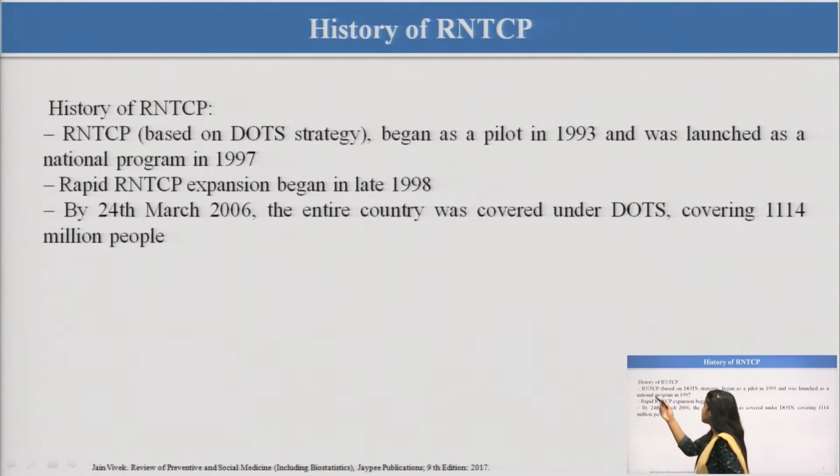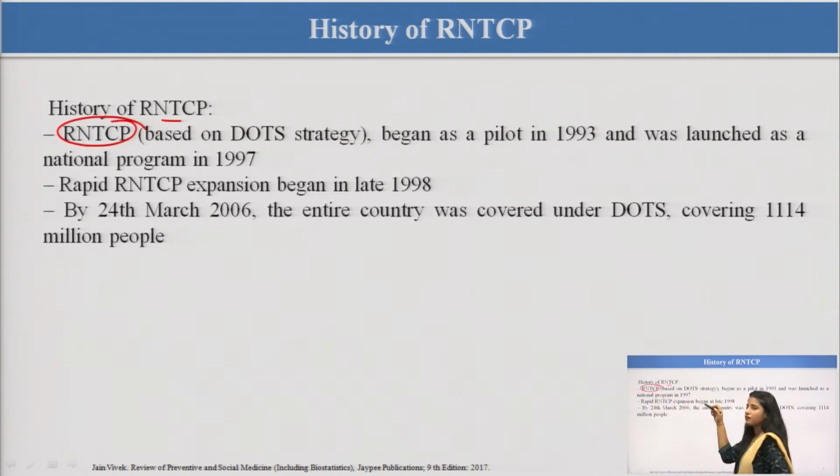Then, what is the history? The Revised National Tuberculosis Program was based on directly observed treatment therapy, which began as a pilot, on a very small scale, in 1993.